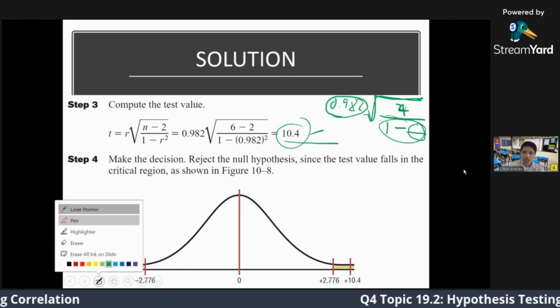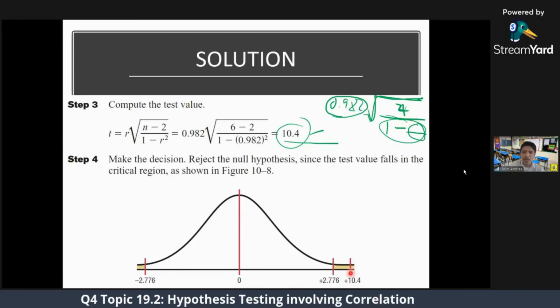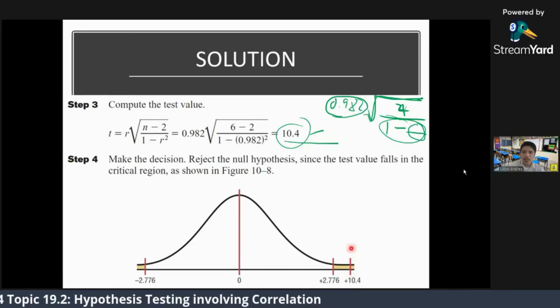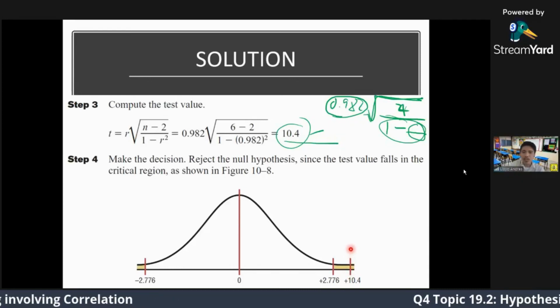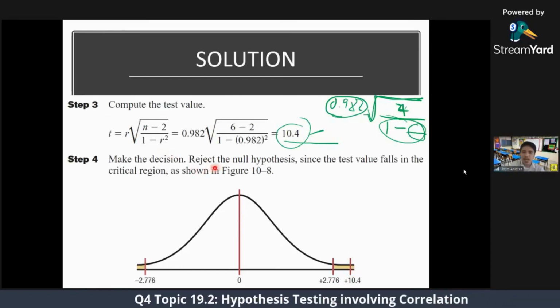So, 10.4 is somewhere to the right of positive 2.776. Therefore, since it falls in the rejection region, we can reject the null hypothesis.